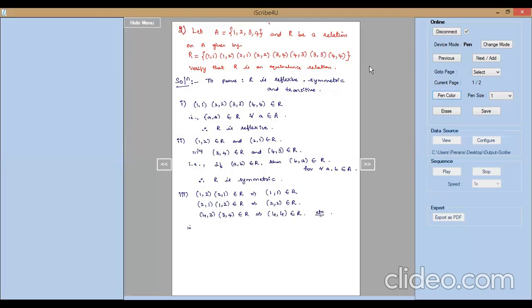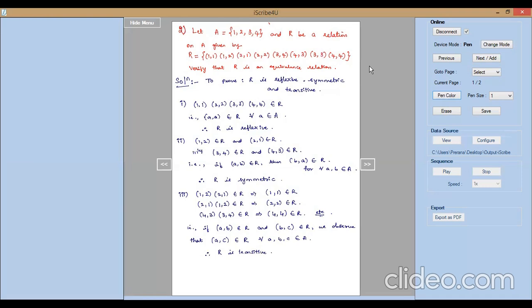So this in general can be written as if A comma B belongs to R and B comma C belongs to R, we observe that A comma C also belongs to R for all A, B, C that belongs to the set A. Therefore, R is transitive.